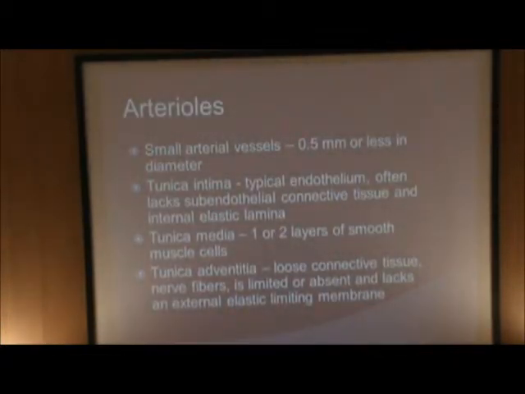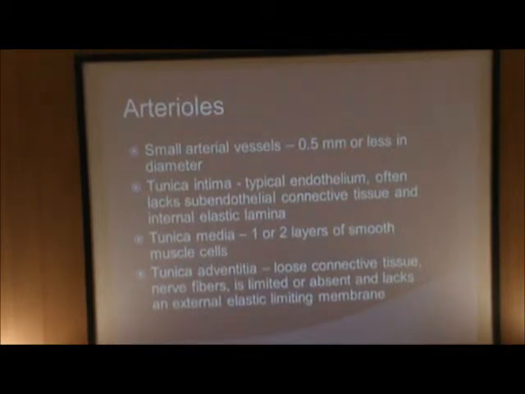Arterioles. Muscular arteries become arterioles when the tunica media is reduced in thickness to 1 or more layers of smooth muscle cells. They are small vessels, about 0.5 millimeters or less in diameter.